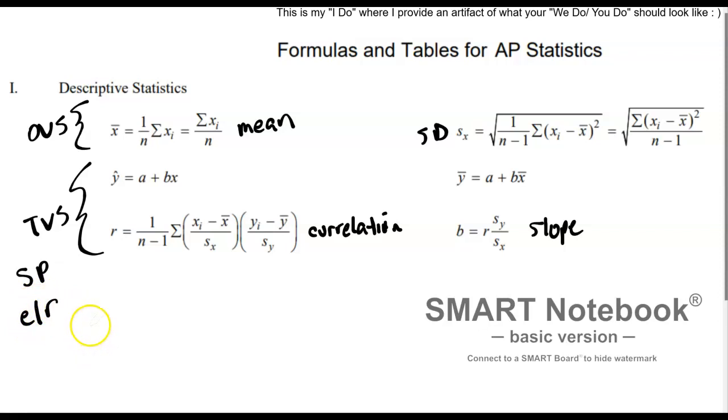Other than that, if you are summoned to use this kind of formula, you want to be very deliberate and identify what these represent in context. Okay, I think now we can move on.